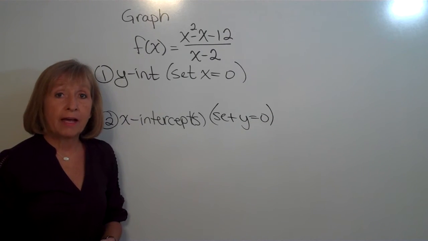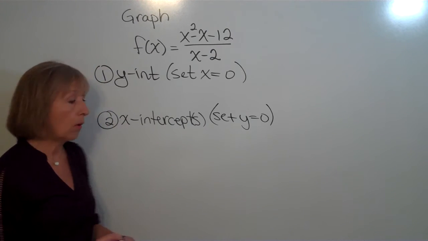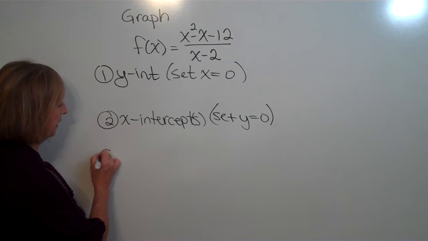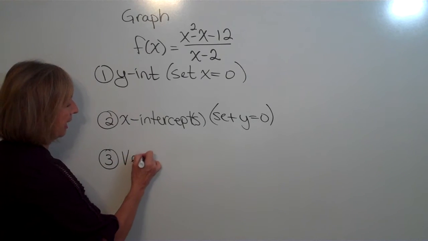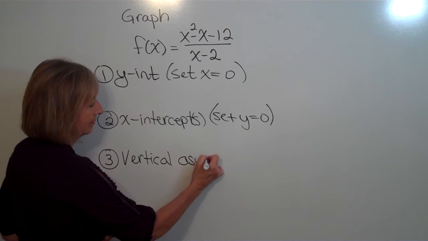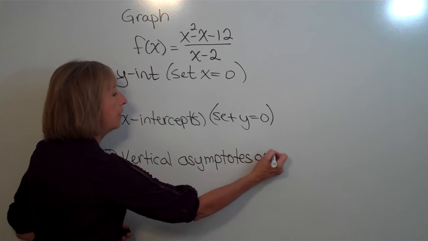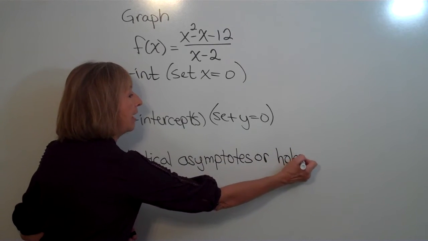Next up, you want to find out whether you have vertical asymptotes or possibly a hole in the graph. So that'll be our step 3: look for vertical asymptotes, or if we possibly have holes in the graph.